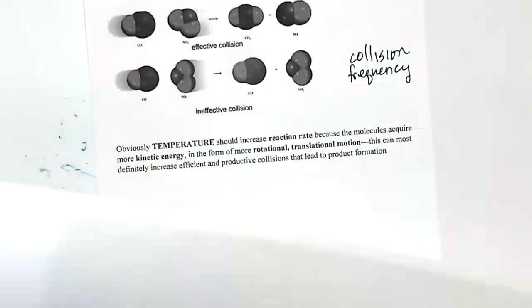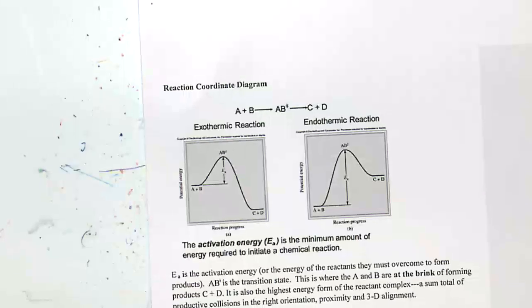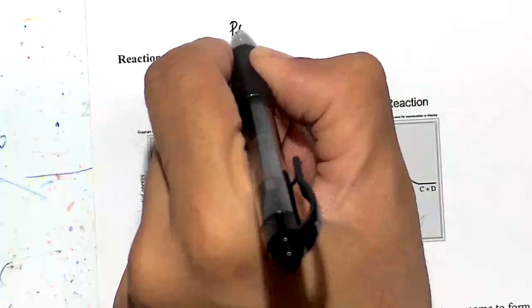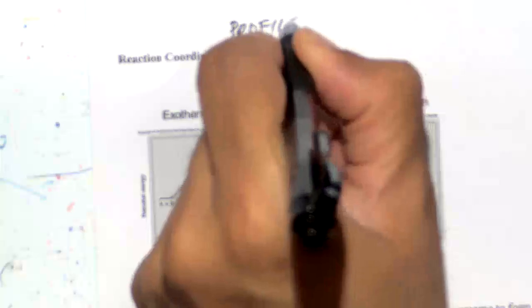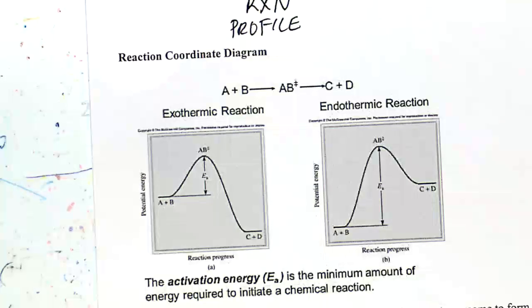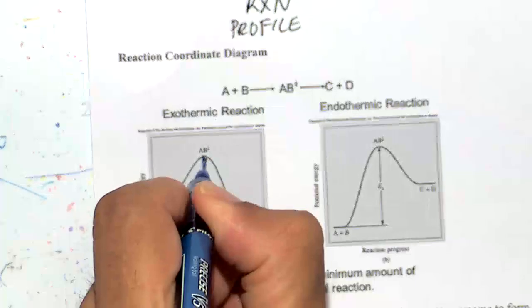All right, so my final thing here before we go is that this is what it will look like: a profile for a reaction. Analyzing this, this hump is called the activation energy.